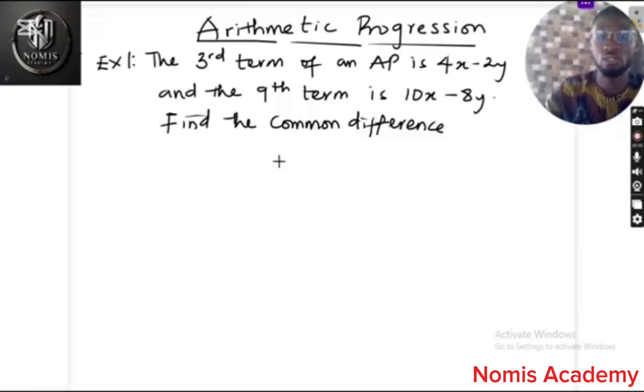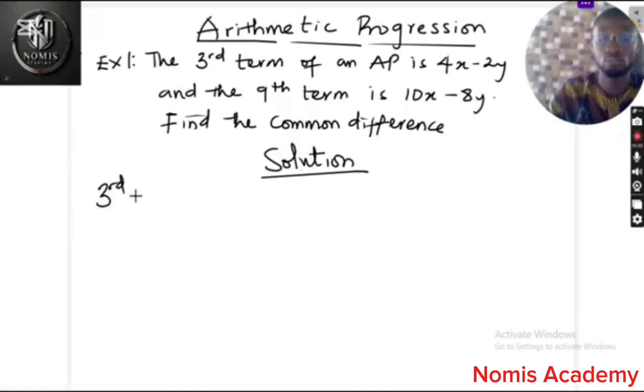So, how do we get into finding the common difference? Let's see. Solution. The third term is equal to 4x minus 2y, and the ninth term is equal to 10x minus 8y.